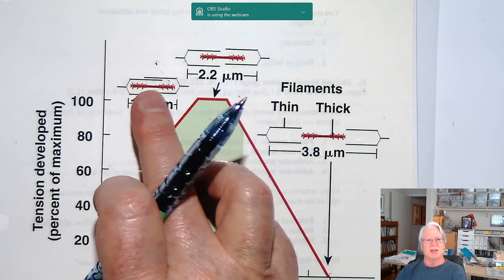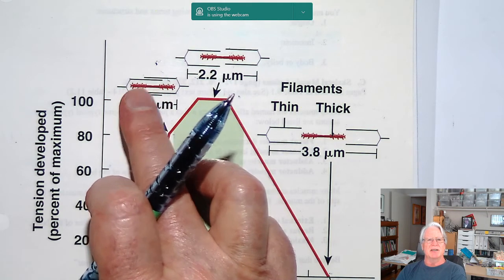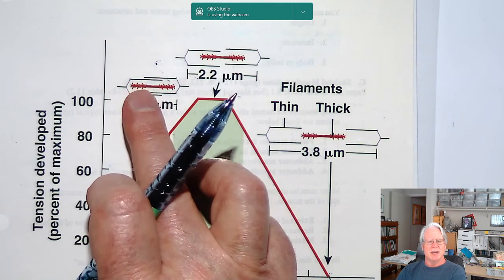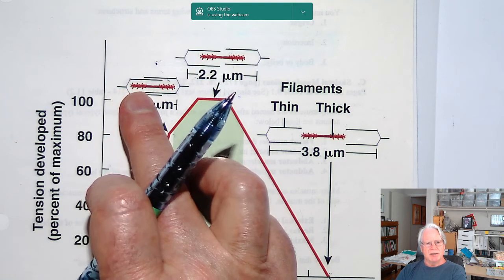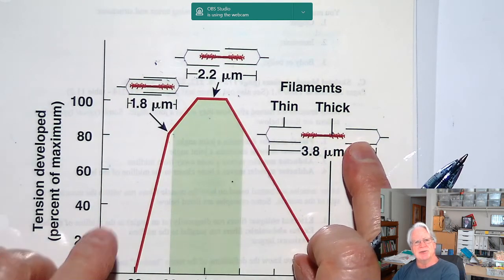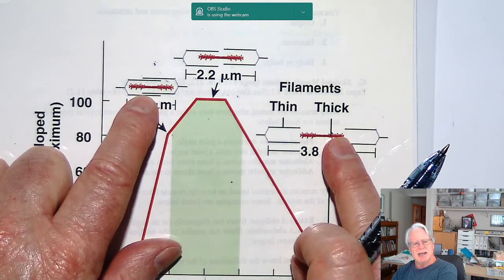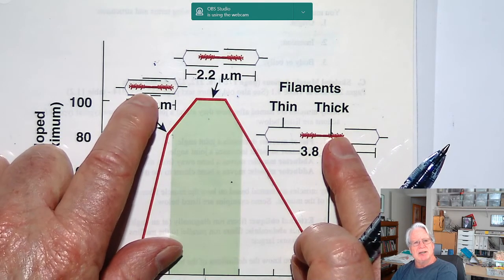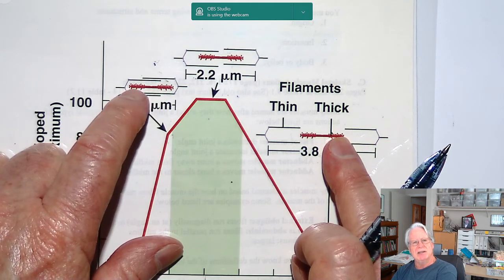So basically, wherever overlap has happened, you're eliminating the ability of cross bridges to form, and therefore you're going to lose strength. So there are my two extremes: no overlap, or so much overlap that the thin filaments are sliding past each other and blocking the ability to form cross bridges.